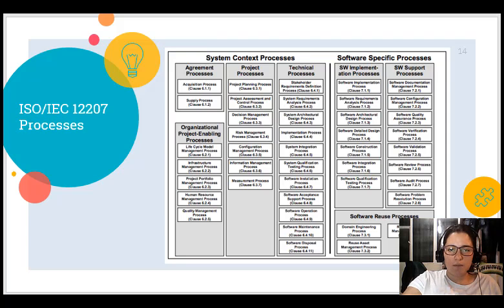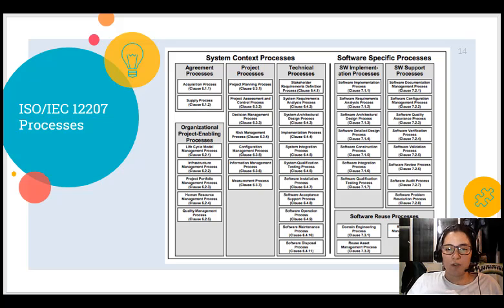This standard is based on 7 fundamental processes. Each of them is divided into threads. One, agreement process. These processes define the activities necessary to establish an agreement between two organizations.